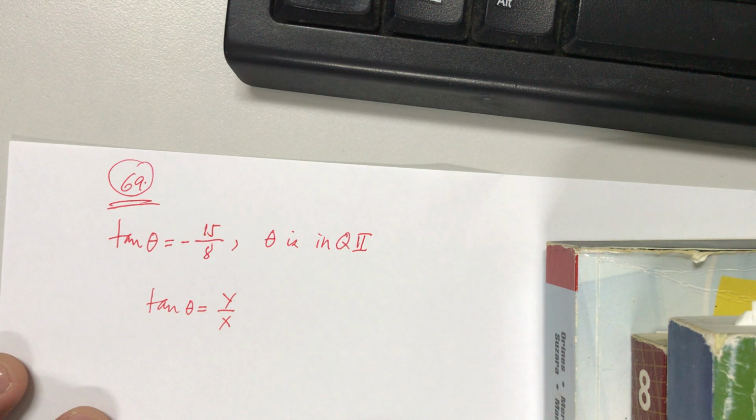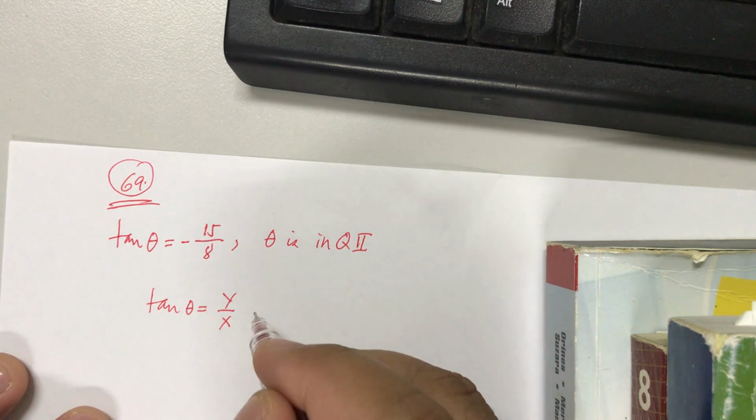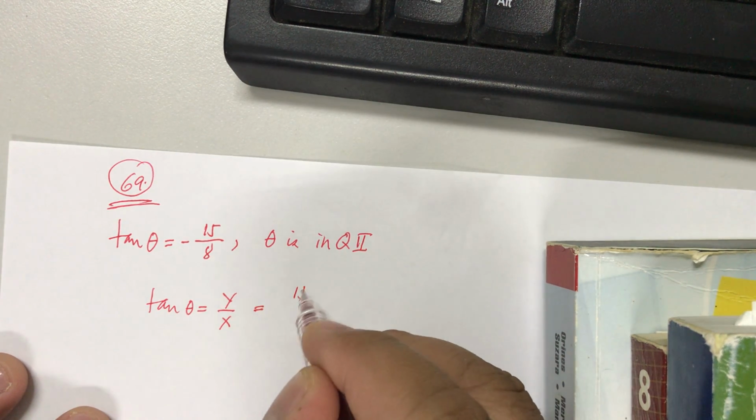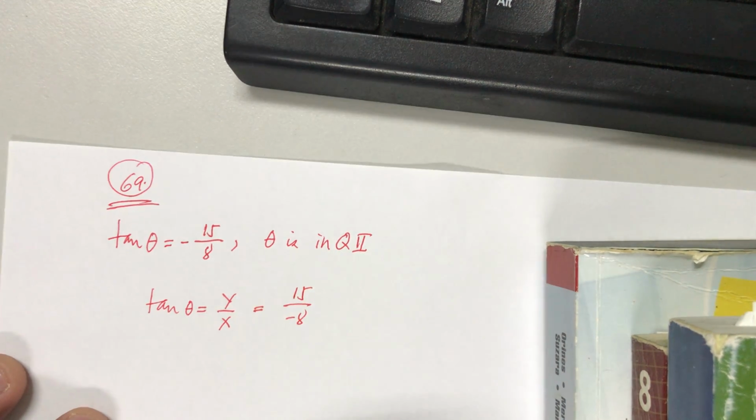So, between the numerator and the denominator, y over x respectively, the fraction, which is negative 15/8, must be rewritten as 15/-8, emphasizing that it is the denominator which is negative, and the numerator must be positive.